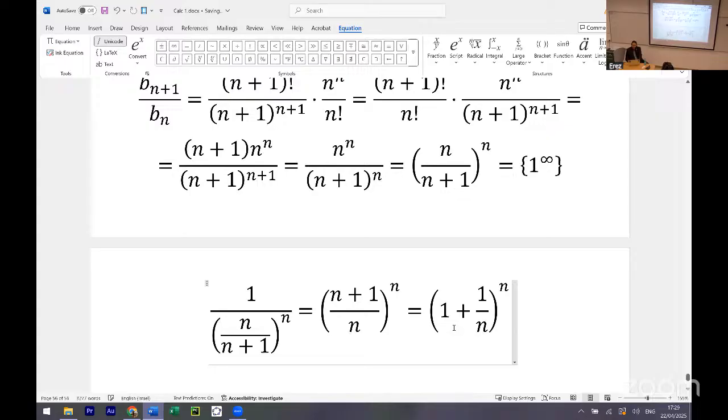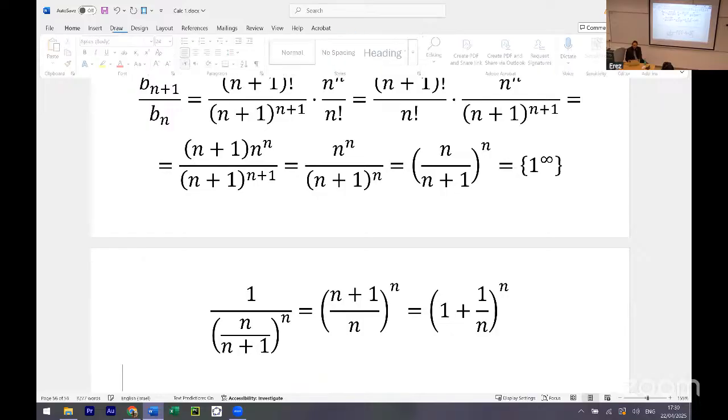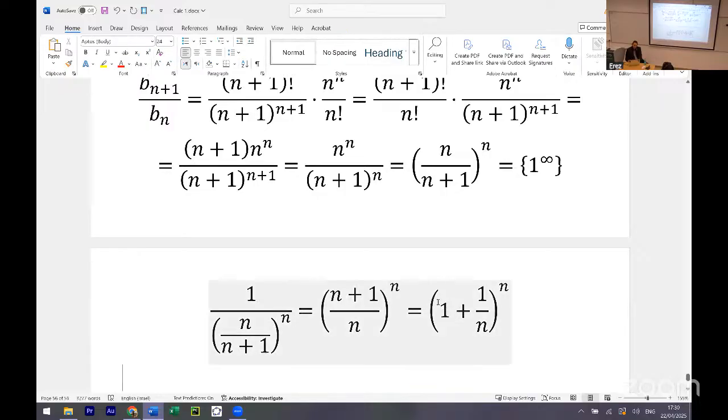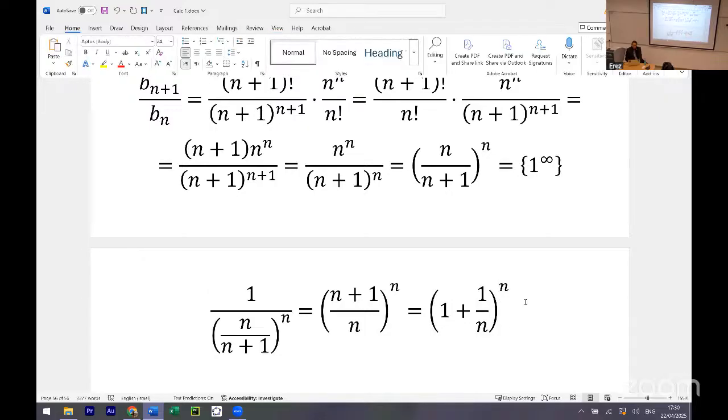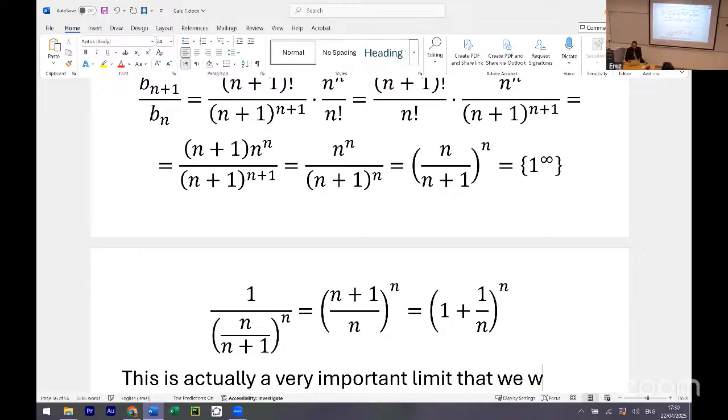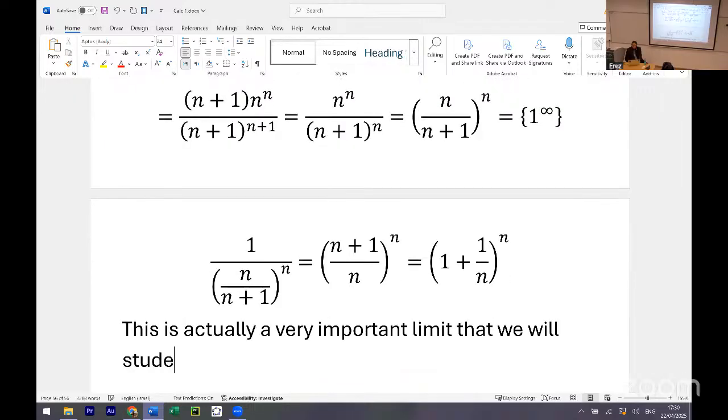Maybe some of you will know this. But like I said, it was the introduction to this very important limit that we will study.